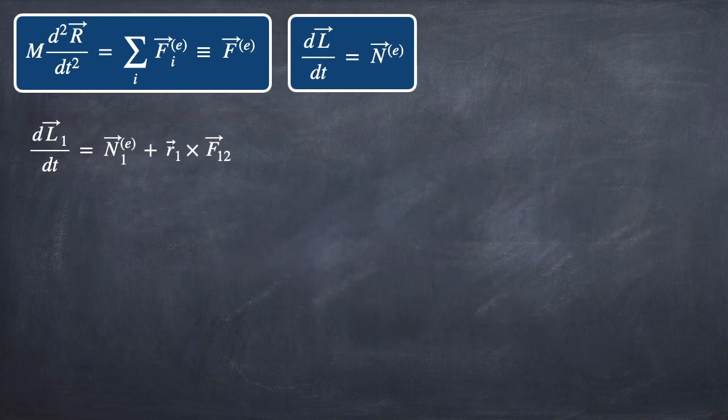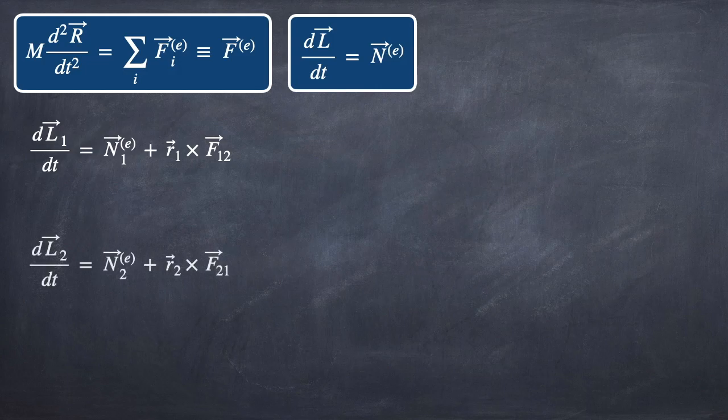We can write the same equation for particle 2. Doing the same considerations, we obtain this equation for particle 2: the time derivative of the angular momentum for particle 2 is the external torque over particle 2 plus this product R2 cross F21.